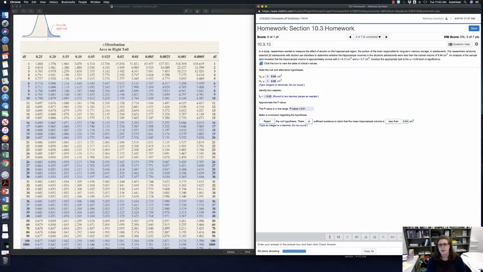So this statement, your conclusion, is always based on your alternate hypothesis. If you reject your null, you're saying this is not true, therefore you have evidence of this piece. The values from that piece come right from it. Now, if you fail to reject, then there's not sufficient evidence. So failing to means no. Rejecting means yes, you do have evidence.